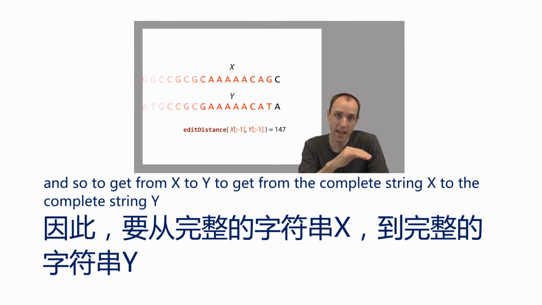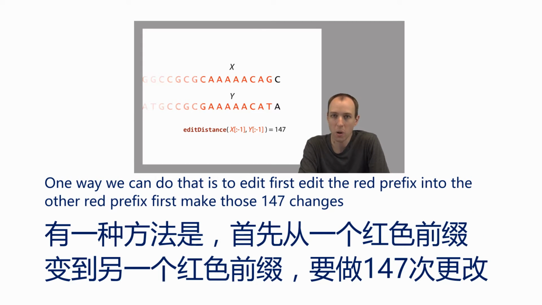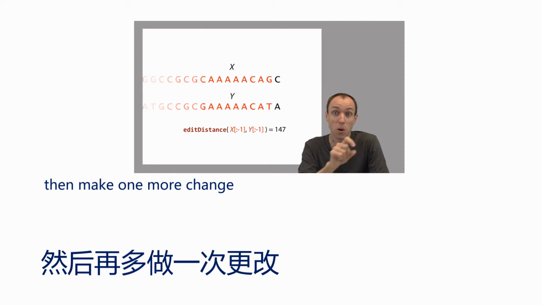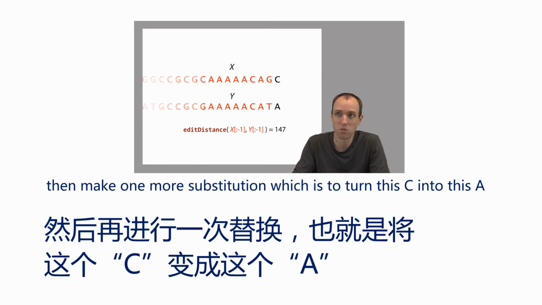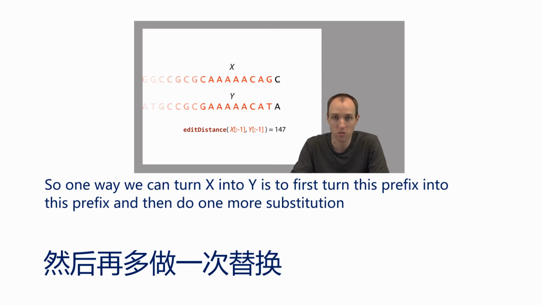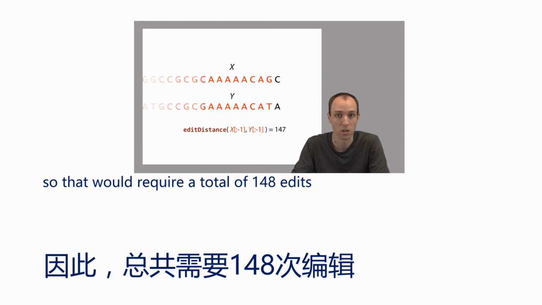And so to get from the complete string x to the complete string y, one way we can do that is to first edit the red prefix into the other red prefix, first make those 147 changes, then make one more substitution, which is to turn this C into this A. So one way we can turn x into y is to first turn this prefix into this prefix, and then do one more substitution. So that would require a total of 148 edits.